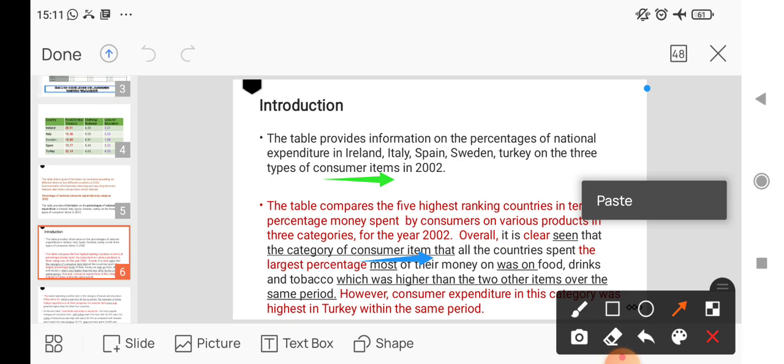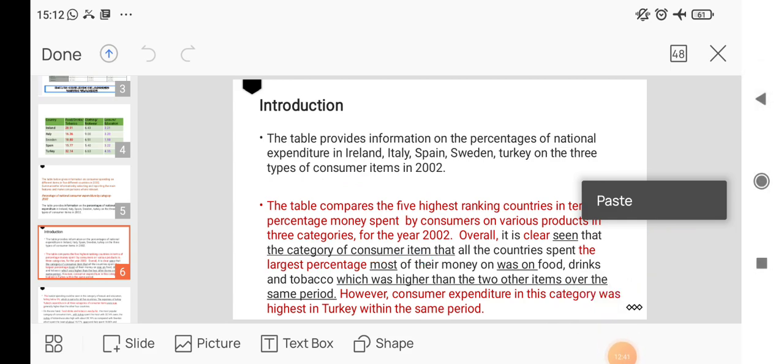This just tells the examiner that the student lacks vocabulary, and you are repeating phrases or words. You shouldn't repeat phrases or words too many times.